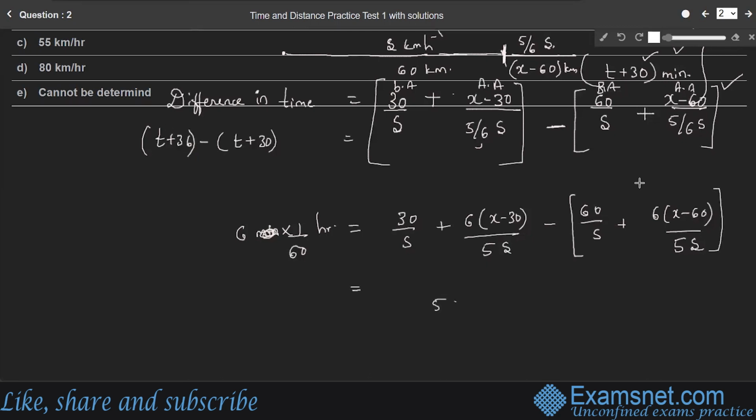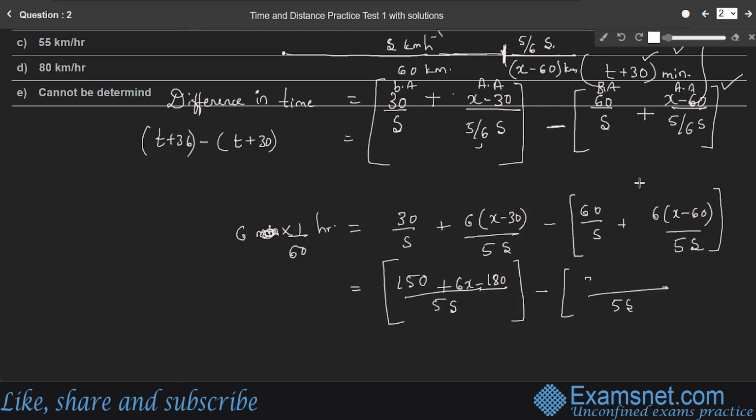So we have 5s as the LCM. Here 30 into 5 is 150, plus 6x minus 180, minus, and the second part, 5s becomes the LCM.